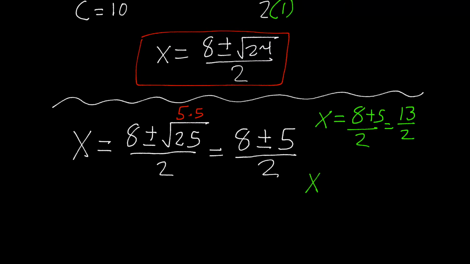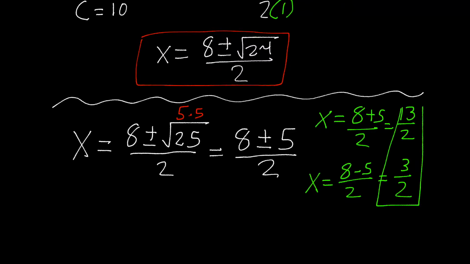And then we have x equals 8 minus 5 all over 2, which is 3 over 2. And those would be the solutions if we had the square root of 25. So that could happen, but that is not the answer we were looking for in the original problem. I'm just showing you this special case.